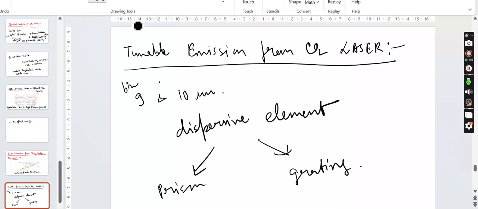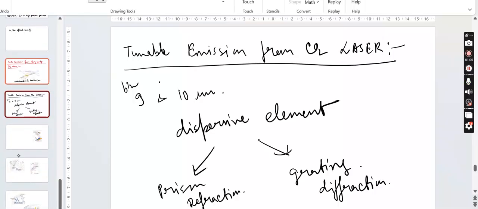In a prism, refraction happens, and in a grating, diffraction happens. The grating has a higher resolving power, as we are discussing dispersion, so the spatial separation will be better.